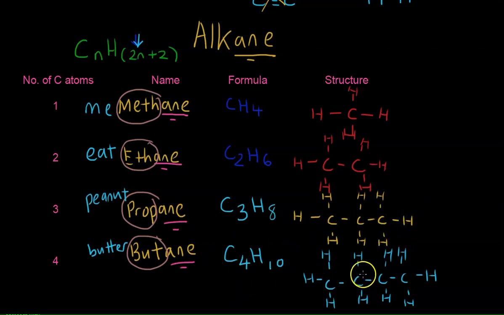C4H10: 1, 2, 3, 4, 5, 6, 7, 8, 9, 10. This is the whole naming idea behind alkanes. Me eat peanut butter, this acronym actually applies for all organic families. We'll go into detail right now. It's just a naming technique.